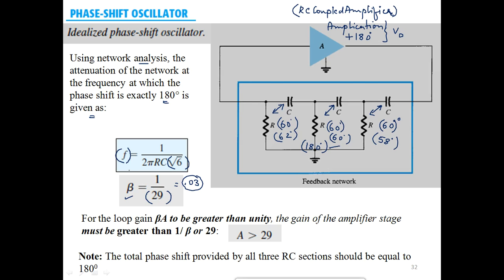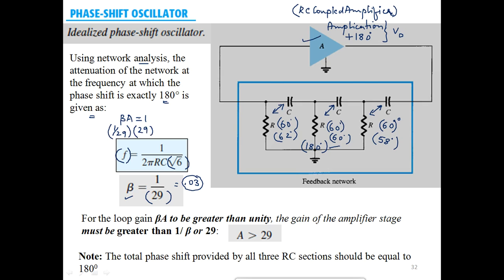Now the problem is that Barkhausen's criterion states beta into A must be equal to 1. Now if beta is 1 upon 29, then what about the gain of the amplifier? This amplifier gain must be 29, right?